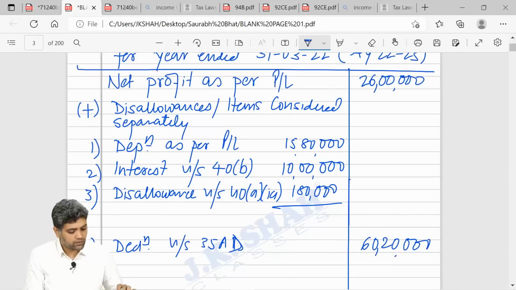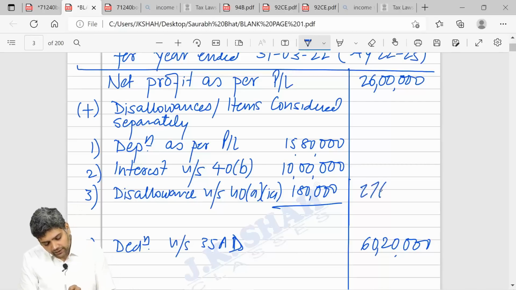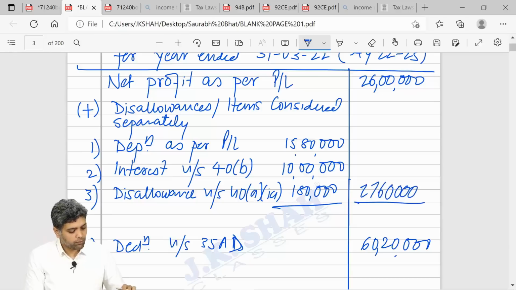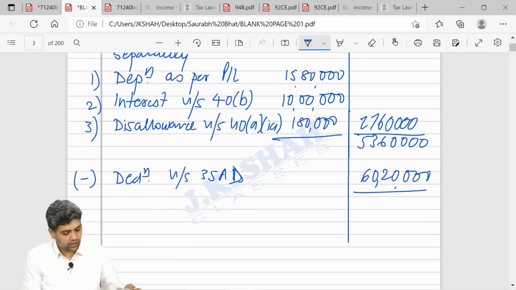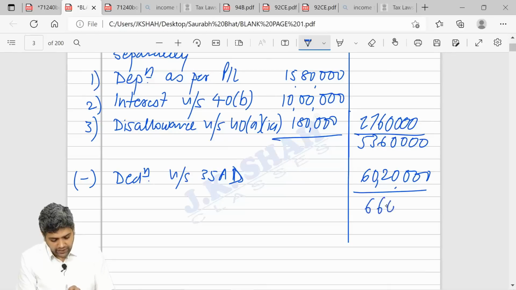The disallowances amounted to 27,60,000. So after the disallowances, subtotal came to 53,60,000, and after this deduction under 35 AD, my loss comes to 6,60,000.